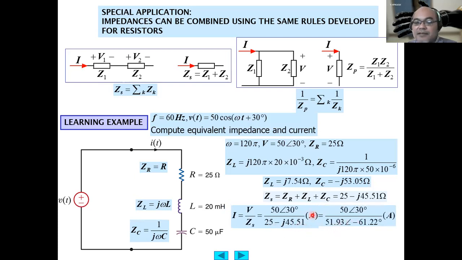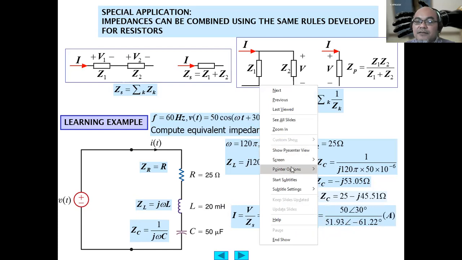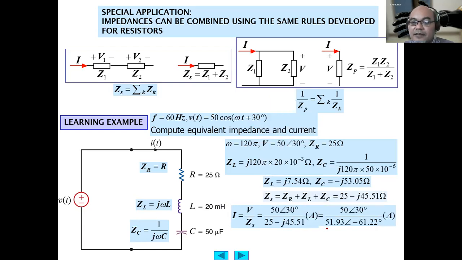It is equal to the magnitude of Z series with an angle phi. The magnitude comes from the square root of 25 squared plus 45.51 squared. Please calculate; I think the value should be 51.93.